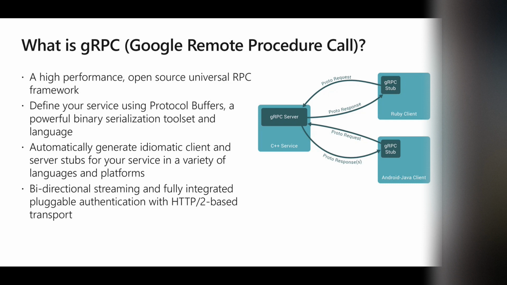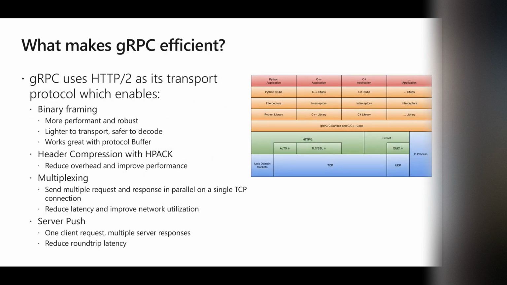Let's move on. Why should you care about it, or why is this a big deal? gRPC, as I said, runs on HTTP2. And as HTTP was a text protocol, HTTP2 is a binary protocol. It works great with protocol buffers, which is a binary standard.